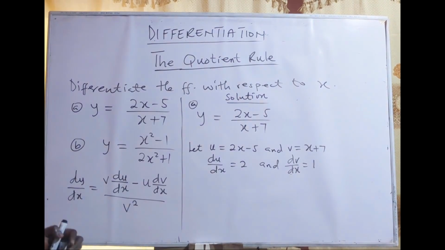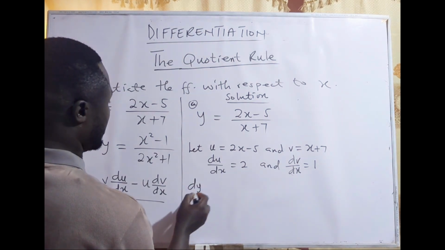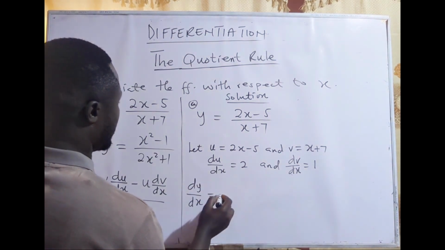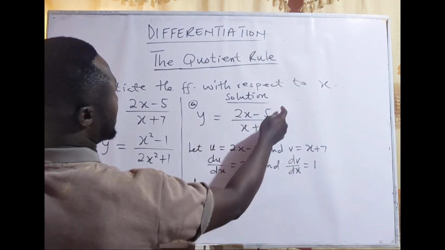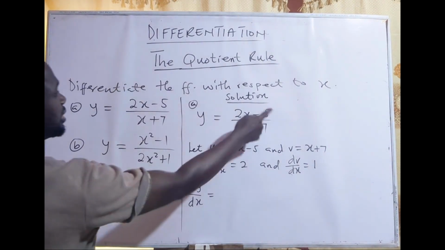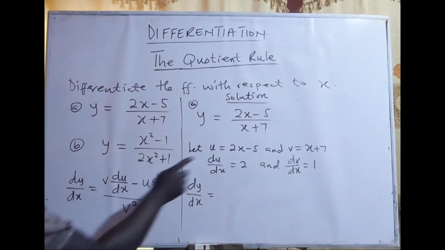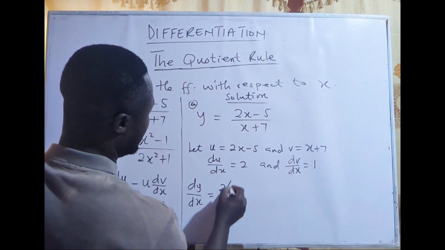After I've gotten this, my dy on dx is equal to: first of all, differentiate the numerator and multiply by the denominator, and that is what you are seeing here. We differentiate the top, multiply by the bottom. So what is the differentiation of the numerator? 2.